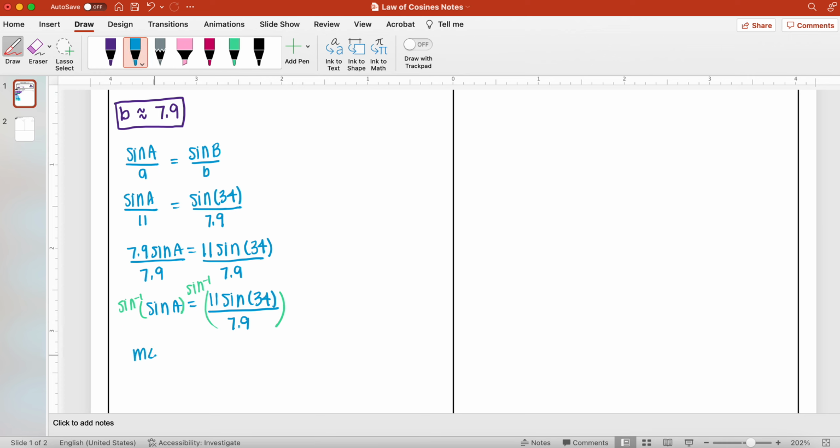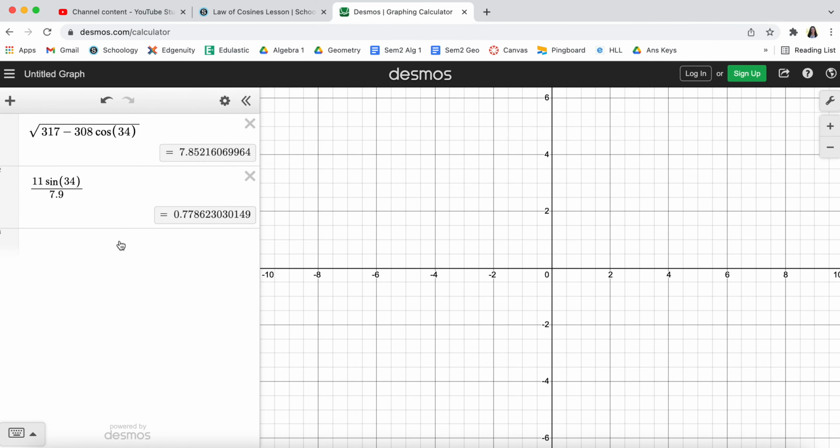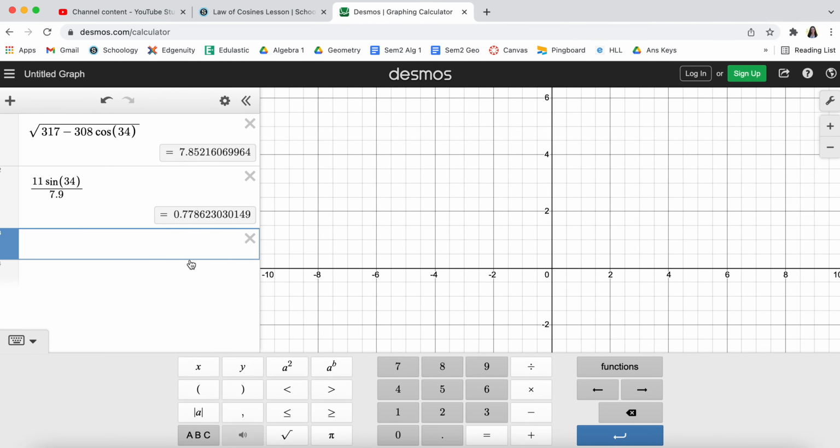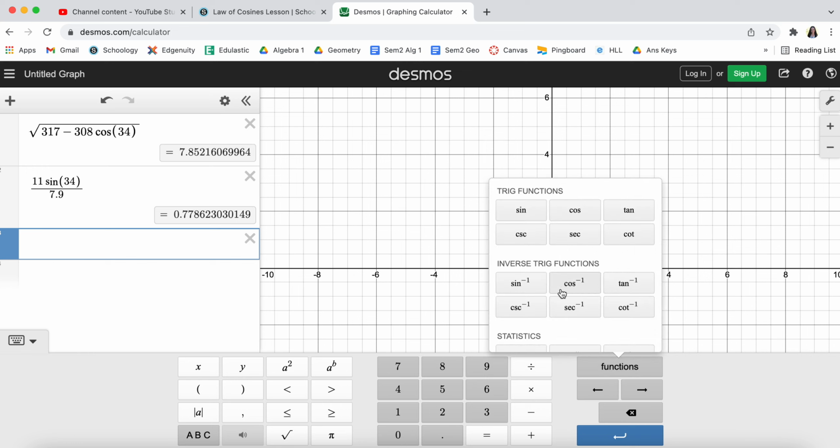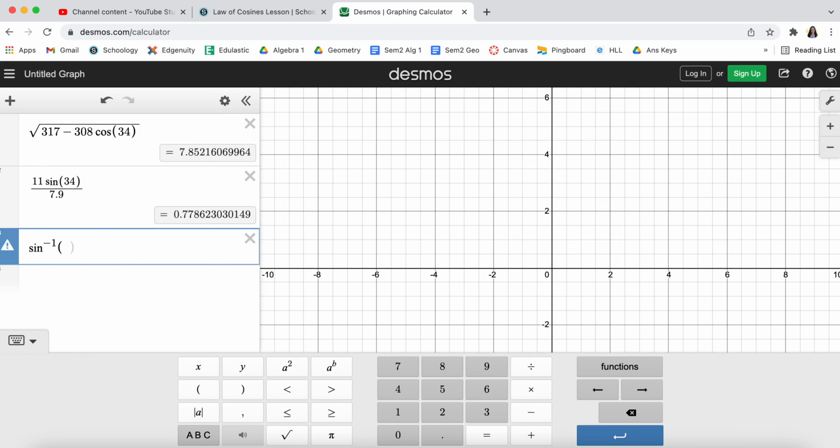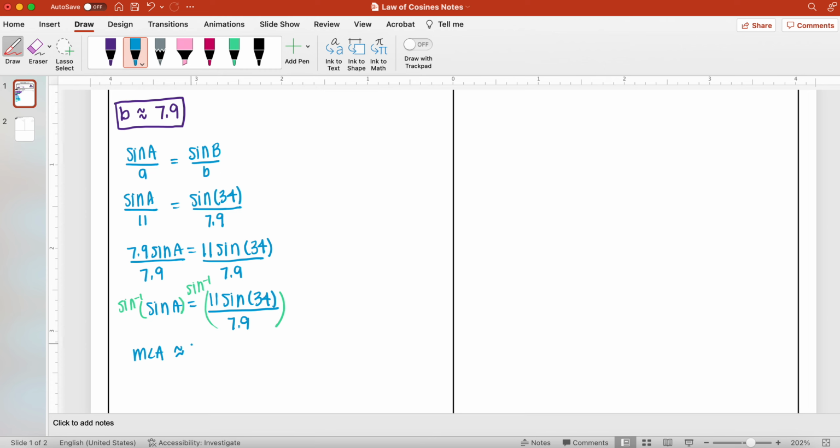And so I have that the measure of angle A is approximately, and heading over back to Desmos, go to functions, inverse sine, and I have 11 sine of 34 over 7.9, and I get that this angle measure is approximately 51.1 degrees.